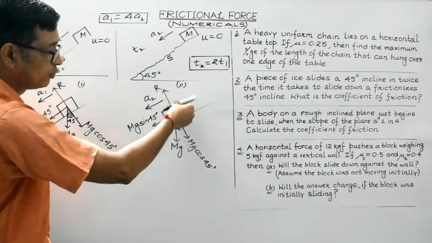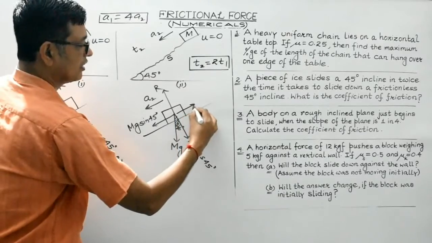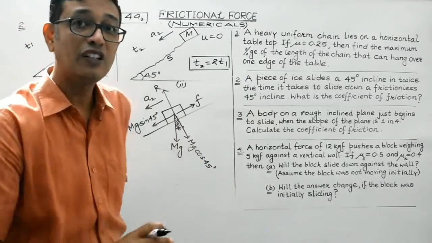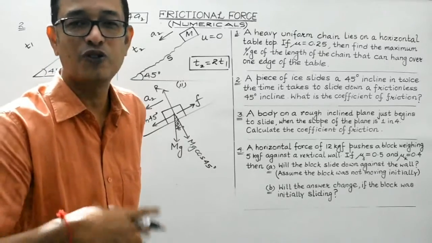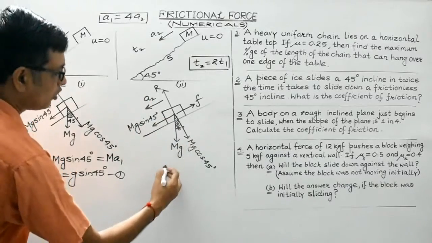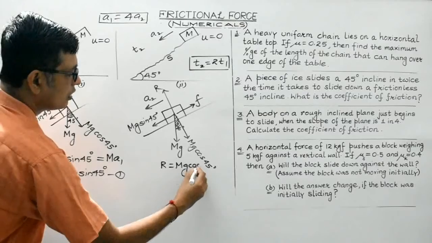So as the body tends to move along this direction, force of friction will act in the opposite direction. Clear, students? Here is the case of a rough inclined plane. So the force of friction is to be considered. So R is mg cos 45 degree, no doubt regarding this.